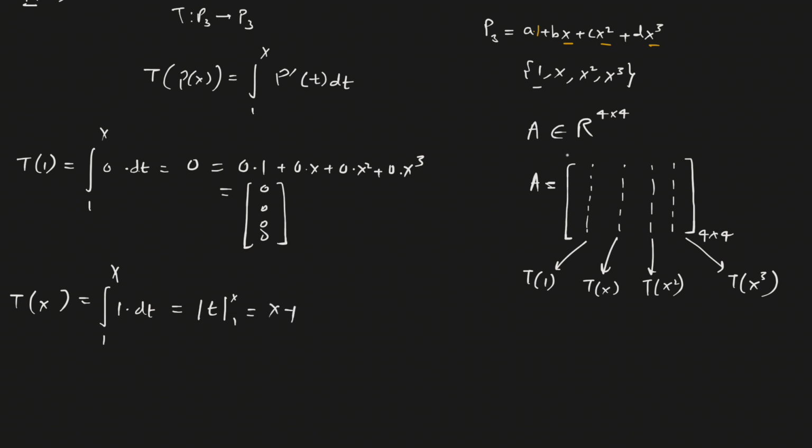How can you write x minus 1 as a linear combination of these? It's pretty simple. You take minus 1 times the first basis vector, which is 1, plus 1 times the second basis vector because we need x, plus 0 times the third, plus 0 times the fourth. That's how you get x minus 1, right? So this vector becomes minus 1, 1, 0, 0. That's all.